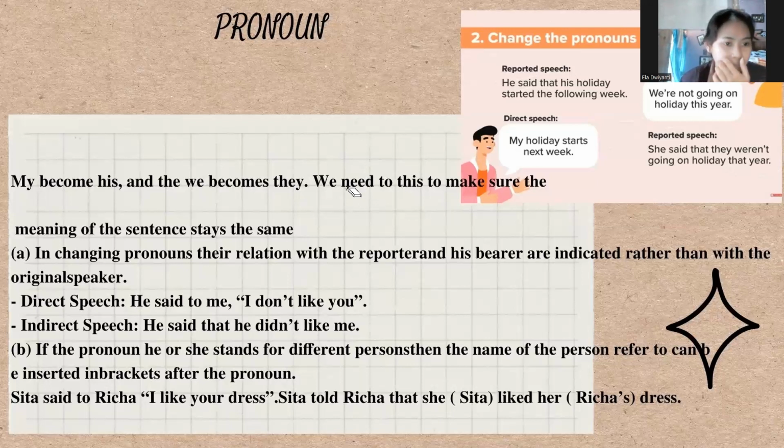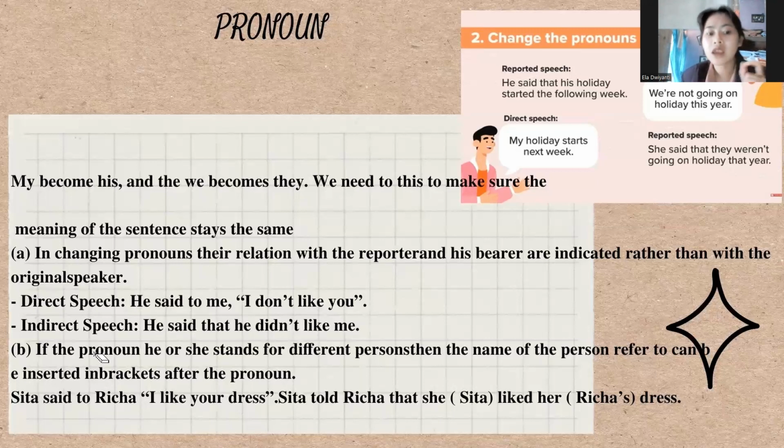Okay. The first one: changing pronouns depends on their relation with the reporter and the original speaker. Direct speech: he said to me, I don't like you. Reported speech: he said that he didn't like me.